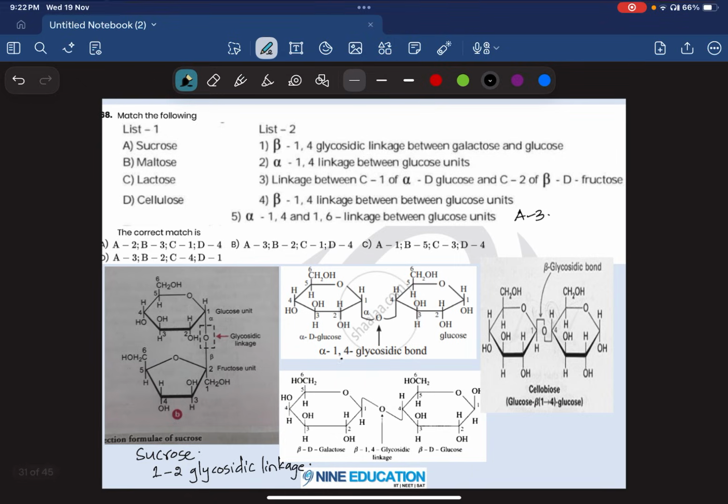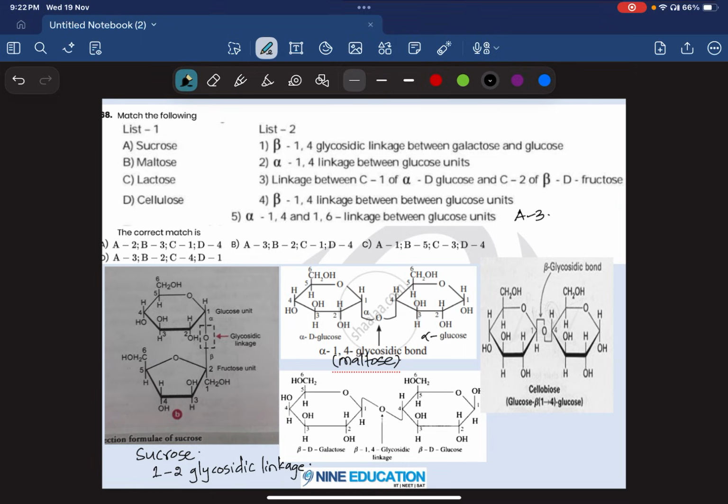This is maltose here, the top one. It has a 1,4 glycosidic linkage. This is the structure of alpha glucose. Two alpha glucoses are linked to each other by a 1,4 linkage in case of maltose. So B is option 2, A is option 3.